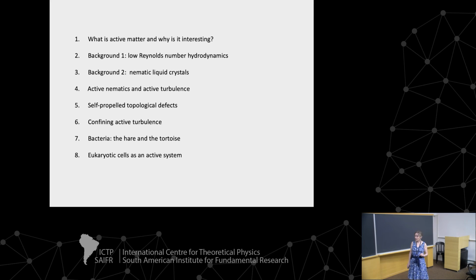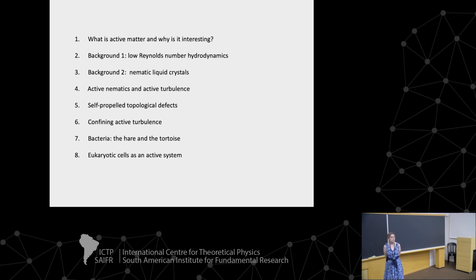OK, so the other bit of background which I'd like to get done today is that word nematic again. People understand a lot about nematic liquid crystals, and the theory of active nematics is very much built on the theory of nematic liquid crystals. So let's learn about nematic liquid crystals.